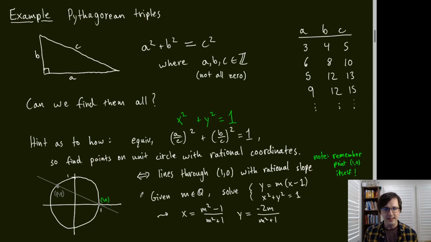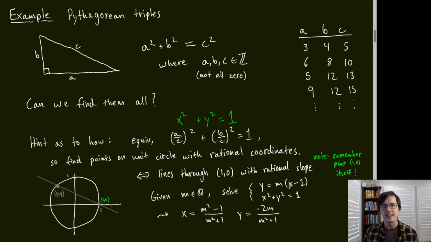So the question then is, well, does every rational slope give you a rational point? If m is the slope of this line, then y equals m times (x minus 1) would be the equation of this line. But then we also have the other equation, which is the equation of the unit circle.